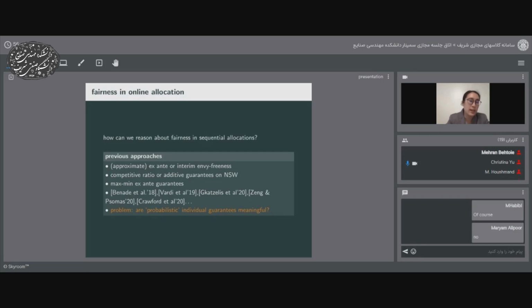The problem with ex ante is you only look at expected allocation, and even if you have envy freeness or fairness in terms of the expected allocation, you can still end up with very unfair allocations ex post, or in hindsight. Because to get an expected allocation of, let's say, 1, you can either always give 1 unit of the resource, or you can give 10 units of the resource with probability 1/10. These two allocations will have very different properties ex post.